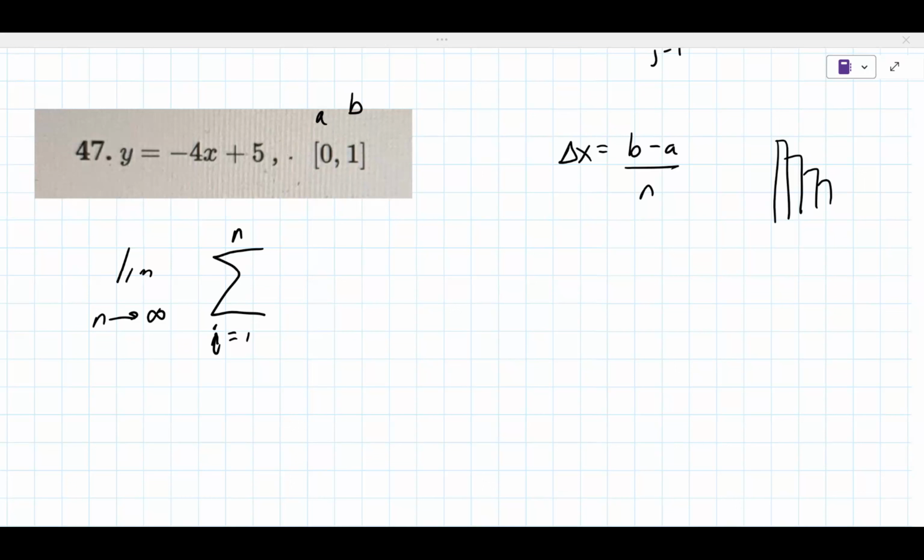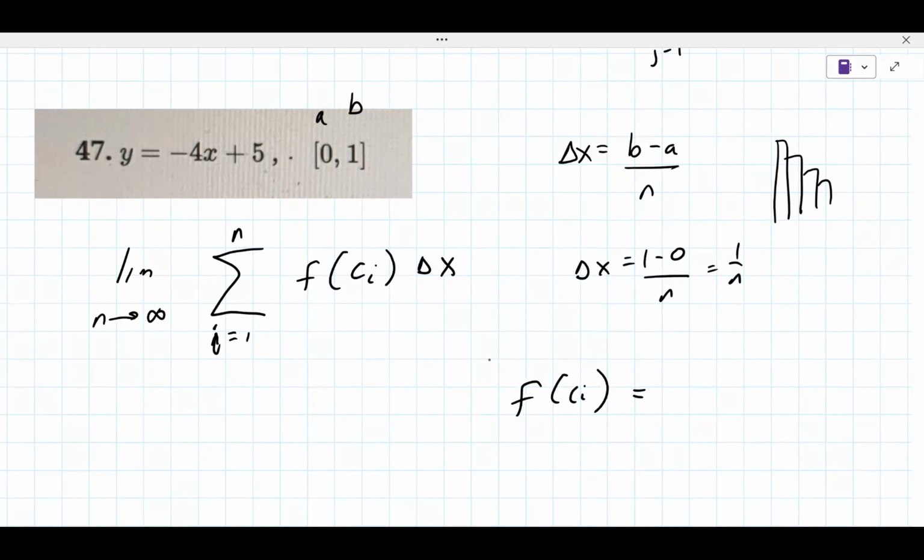Right. So then it's f of c_i times delta x. And we already have delta x. Delta x is 1 minus 0 over n, so it's 1 over n. And then f of c_i is f of a plus i times (b minus a) over n.